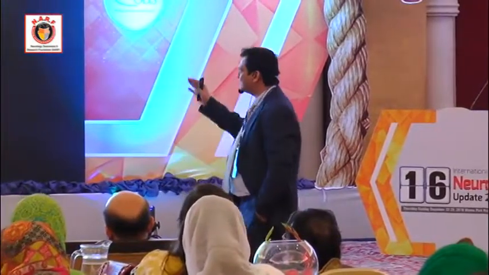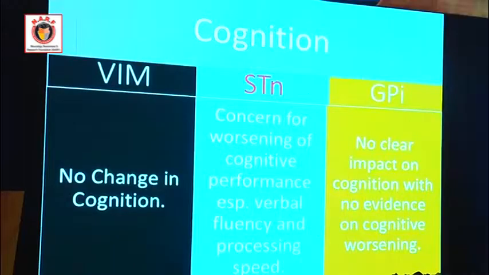Between STN and GPI, so far the studies suggest that STN has a higher risk of worsening cognition as compared to GPI. These were subset analyses, so it may not be 100% accurate. In other studies, when we looked at some of these questions, we found that patients with STN were having worsening of cognitive performance, especially verbal fluency and processing speed.